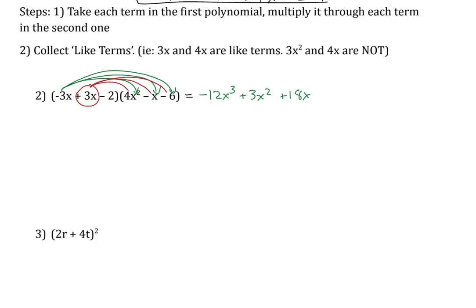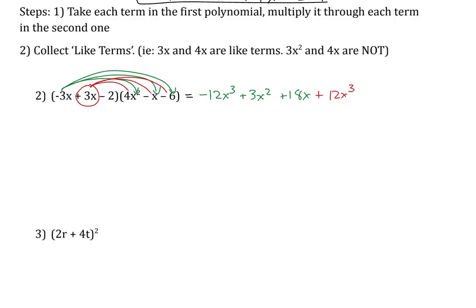Okay, so positive 3x times 4x squared is going to be, oh, I just realized something. We could have collected these like terms here to make it a little bit easier, but let's just keep on going with it. So we have 3x times 4x squared, which is 12x to the power of 3.